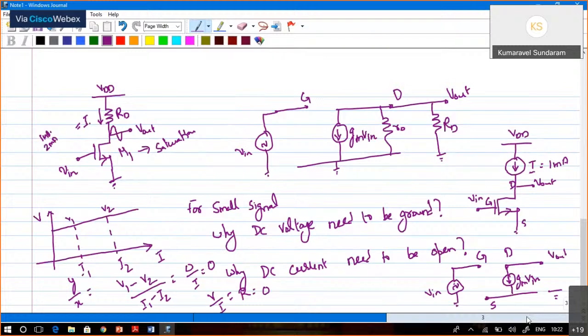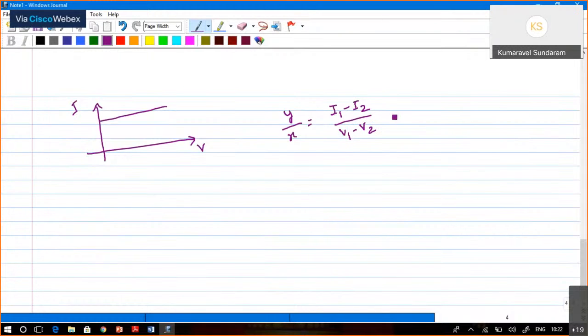So let me take a slope. Whatever the voltage, my current remains constant. Again taking the slope y by x, I1 minus I2 by V1 minus V2, it is going to be 0.